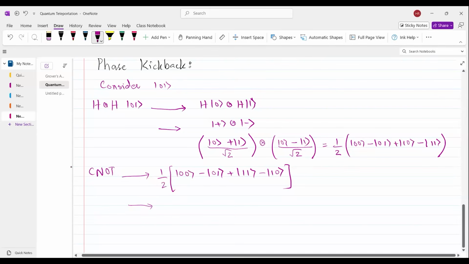It is interesting to know that we can just take these 0 qubits common.